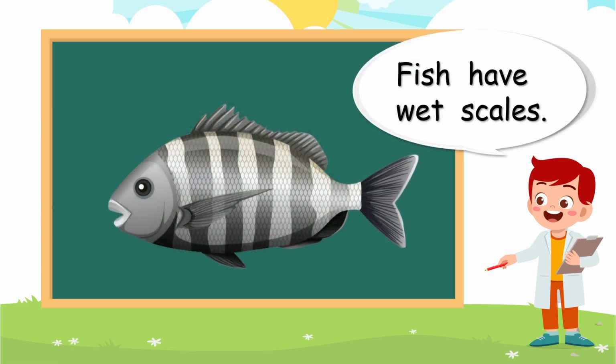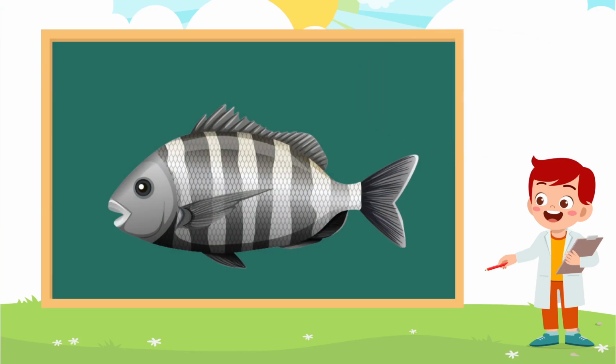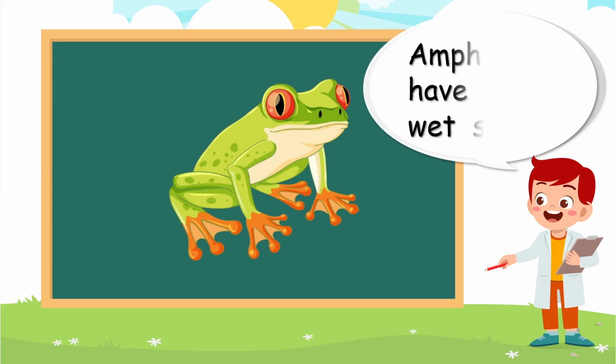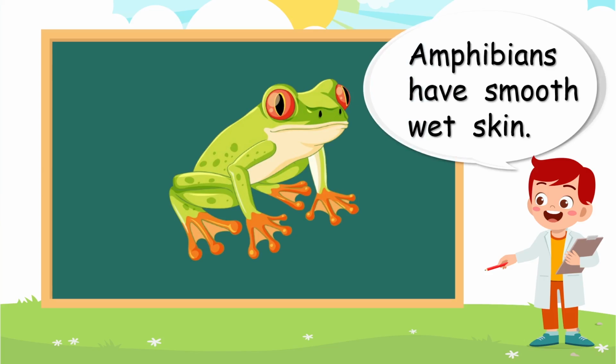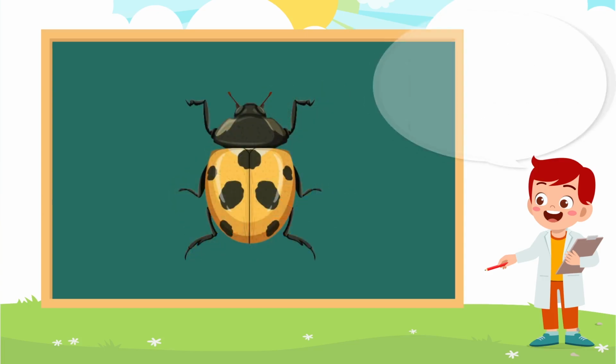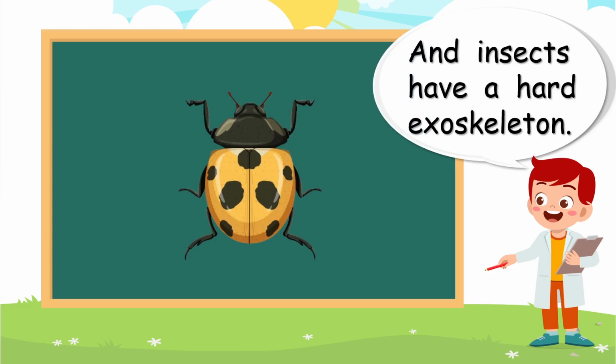Fish have wet scales. Amphibians have smooth, wet skin. And insects have a hard exoskeleton.